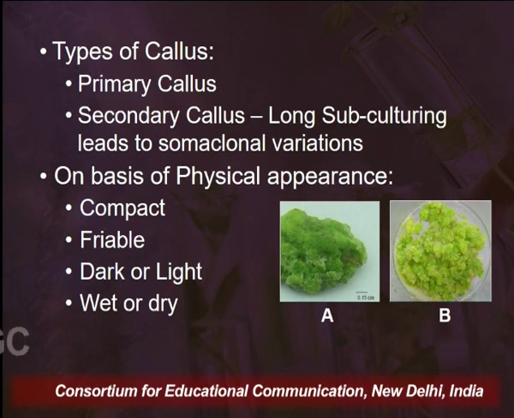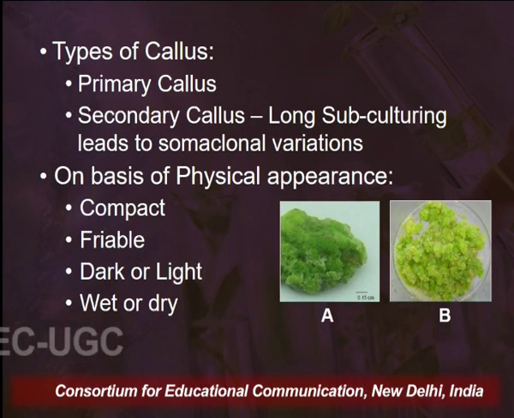We call it a primary callus. When this primary callus is cut into smaller parts and placed onto fresh media, that is subculturing, whatever callus we obtain by subculturing, we call it a secondary callus.